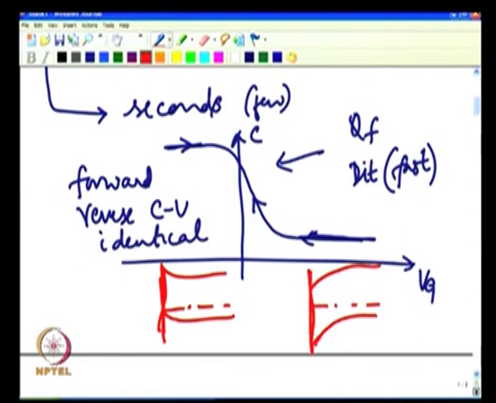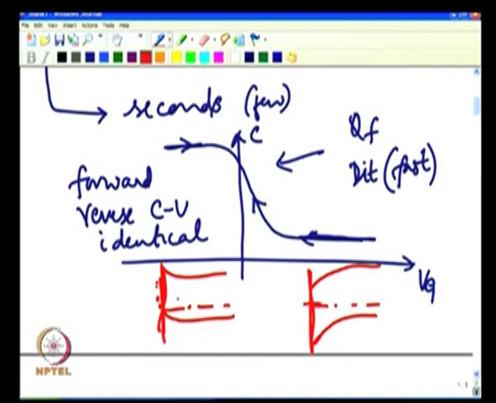And here ideally all these traps should be empty and all these traps should be filled, correct, because below this Fermi level, that is what we are looking at. But the so-called slow traps may not be exactly at the interface, they may be a little bit away from this interface, let us say somewhere here, and hence they take a little longer time to respond. They also respond to the level of Fermi level position that you have.